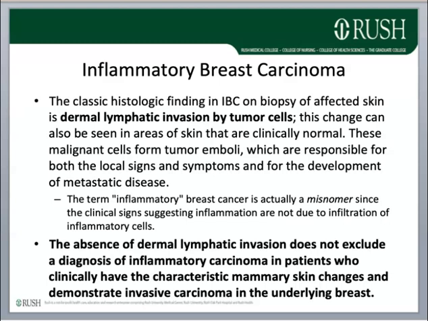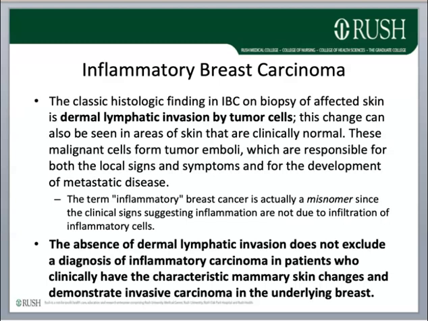So the term inflammatory is actually a misnomer because the clinical signs suggesting inflammation, that is redness, edema, are not due to inflammation but are due to the infiltration of lymphatic and blood vessels by tumor cells, not inflammatory cells.